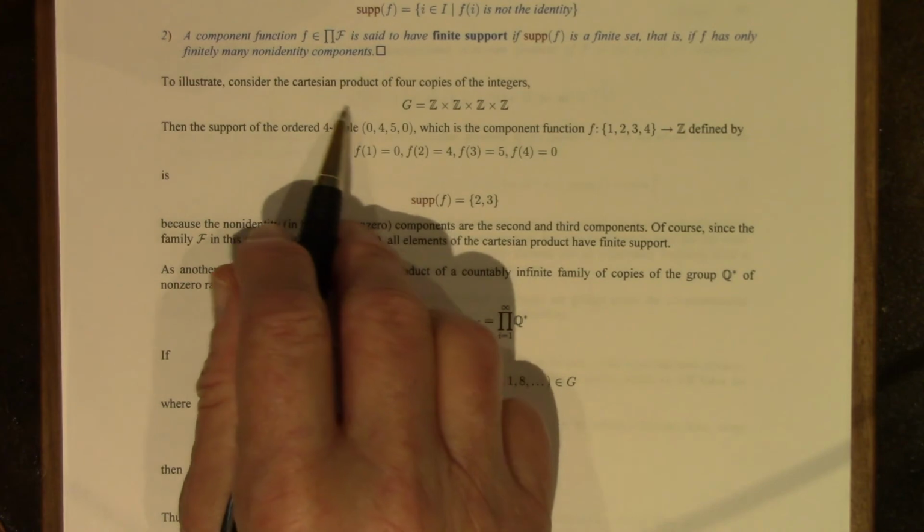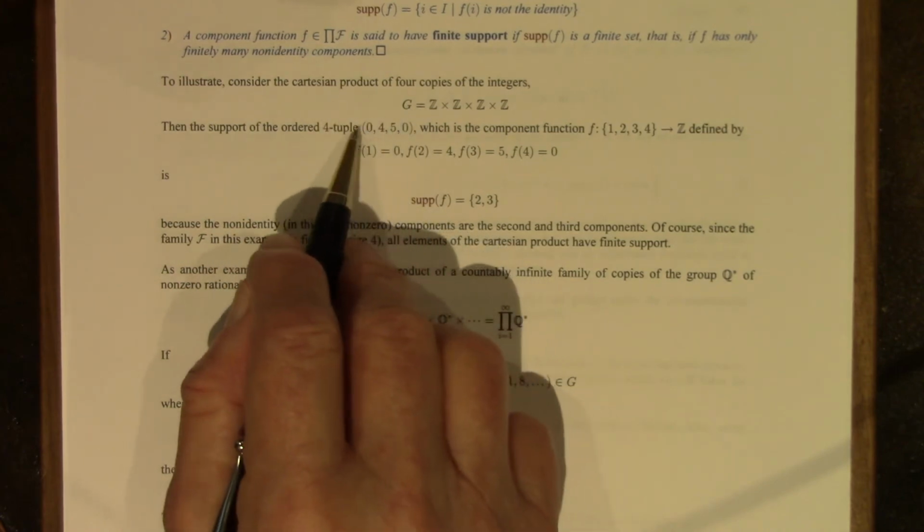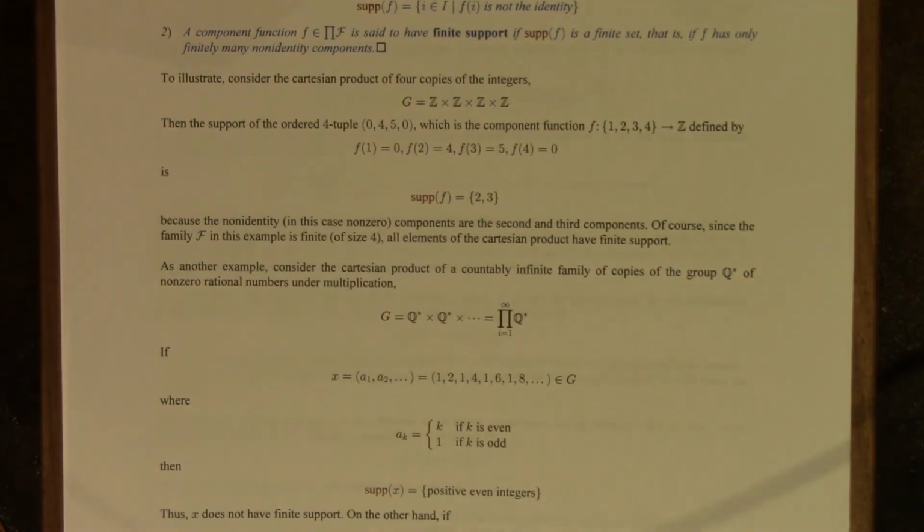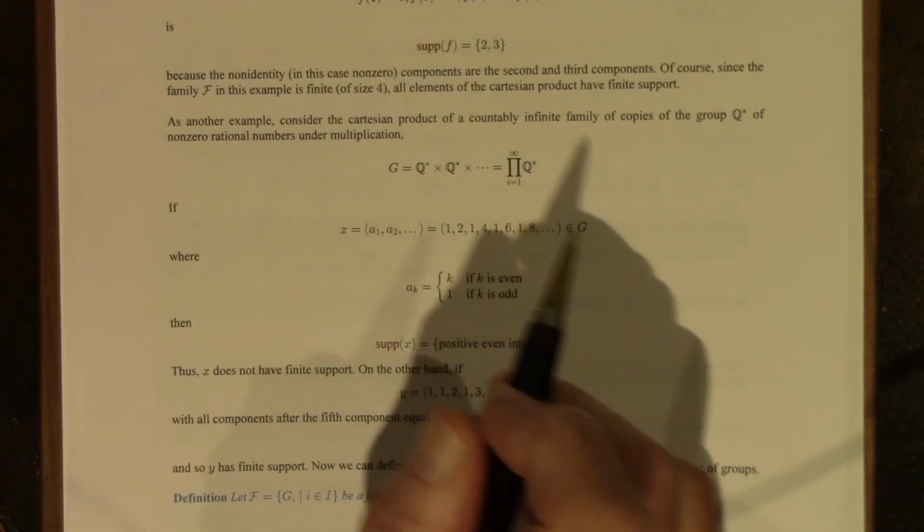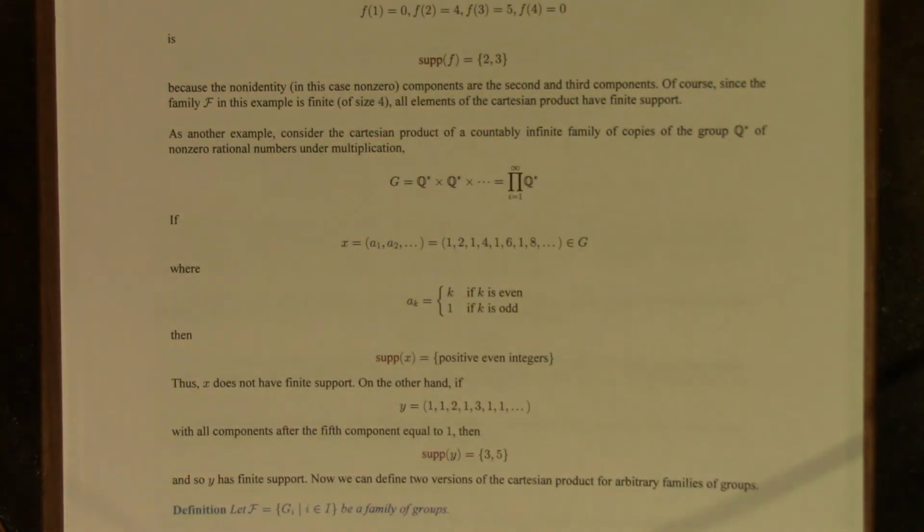In this case, we're dealing with an additive group, so 0 is the identity. So this function has finite support, but all the component functions here have finite support because the index set is finite.